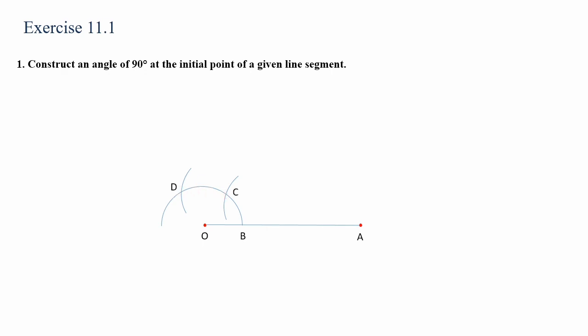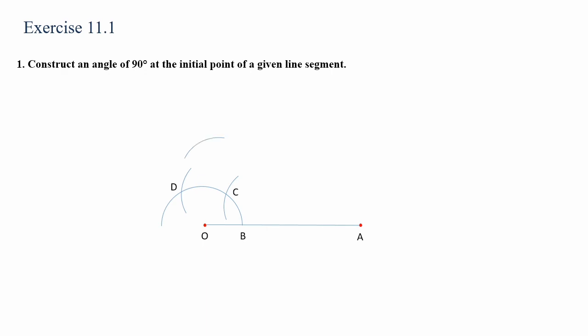Now let's mark these points as C and D. The point of intersection of the first arc with the semicircle is C and the second arc with the semicircle is D. Now we have to bisect the space between C and D. The arc CD we have to bisect. For that, using the same radius, or you can change the radius, it's not a problem. For the second construction part, you can change the radius if you want.